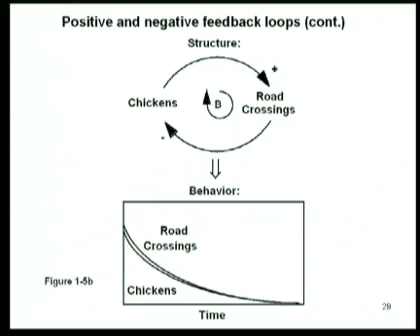That is exponential in behavior. We can, in fact, introduce other notions about goals for the number of chickens we want, and in principle we can increase the traffic to control the number of chickens or decrease the traffic. But in this case, we're just showing it going to zero over time.